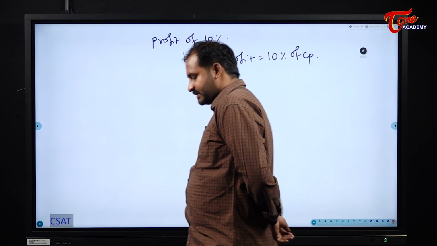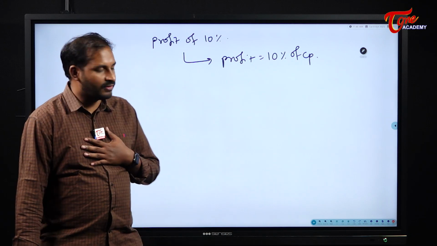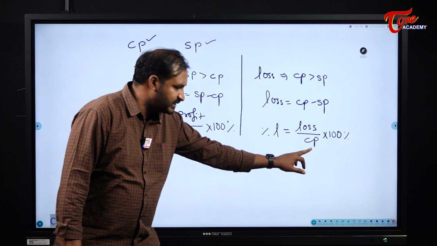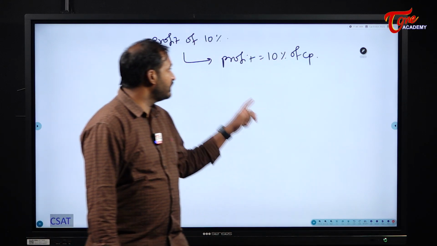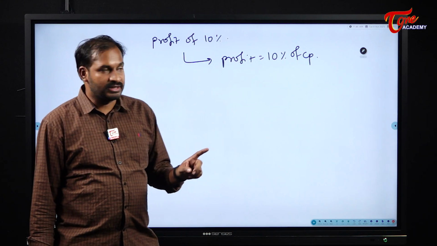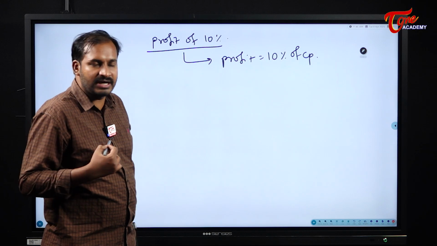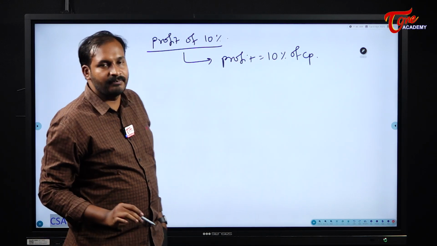Please try to remember this. They will not mention 10% of CP, but we should know by default that we are calculating the profit percentage or loss percentage by comparing it with CP only, right? So, whether it is profit or loss, always that will be in terms of cost price only. They will simply say there is a profit of 10% in the business, but we should understand that it is 10% of cost price.